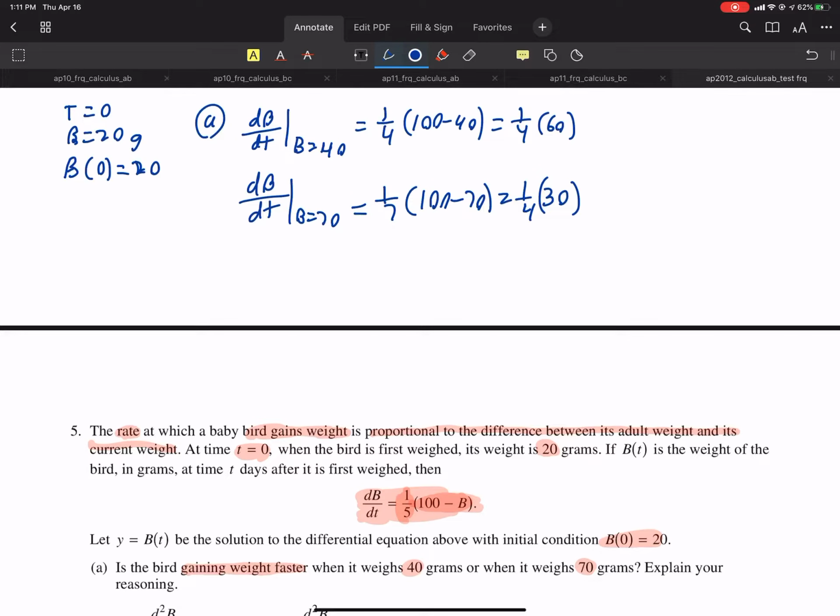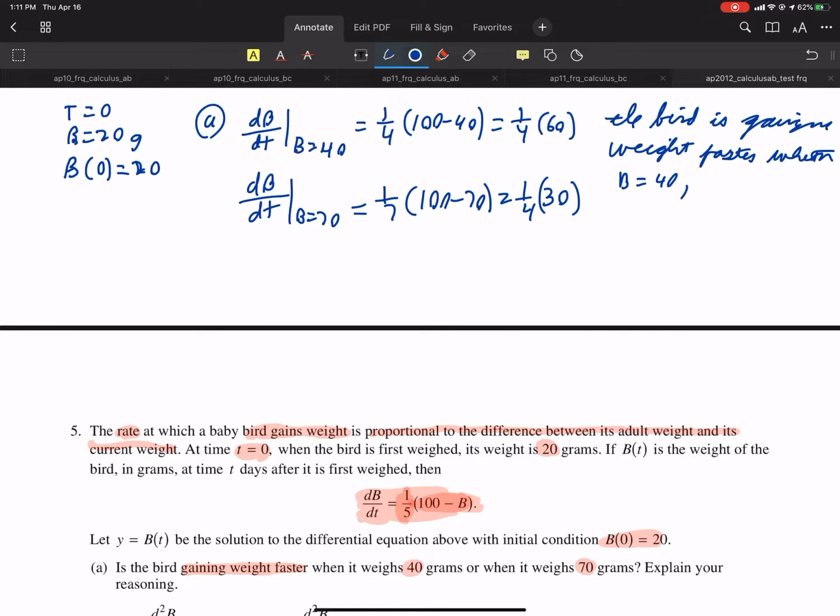So you'd have to say the bird is gaining weight faster when b equals 40.